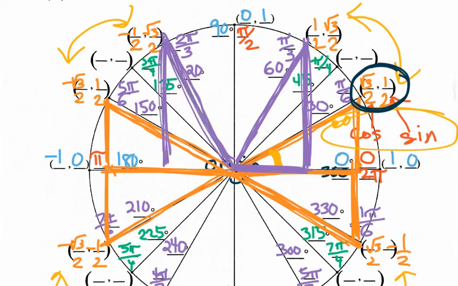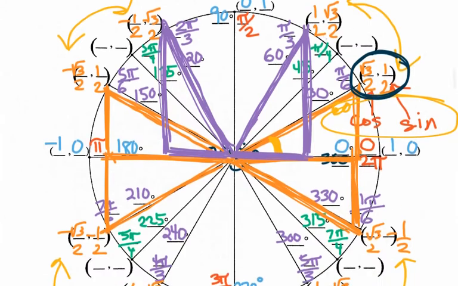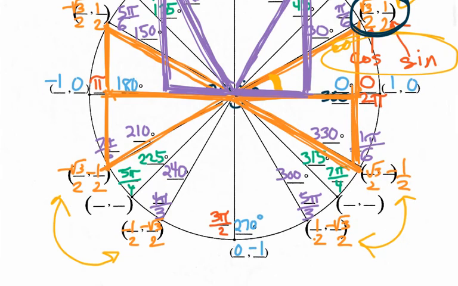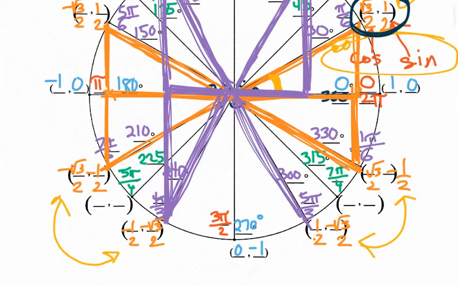We'll go straight down. It's going to be swapped values, different signs. Same thing for third and fourth quadrant. Swapped values, but both signs are negative. Quadrant 4, swapped values, both sides are negative.